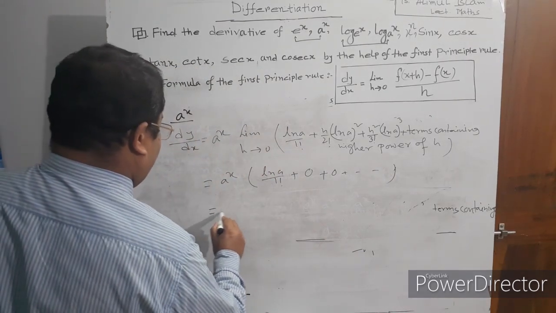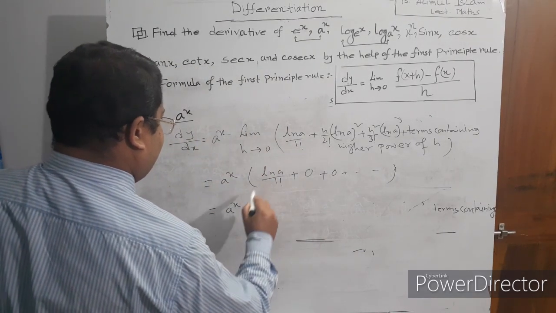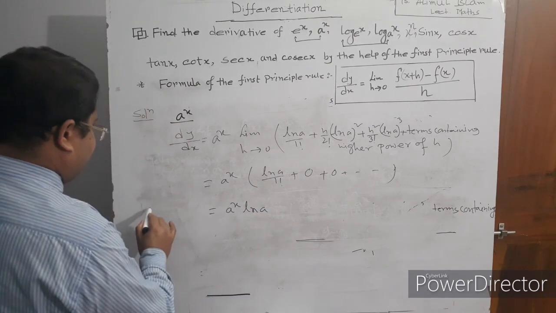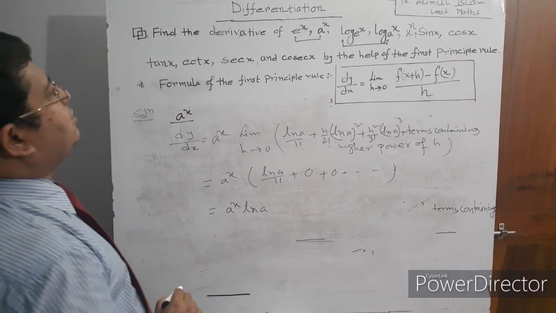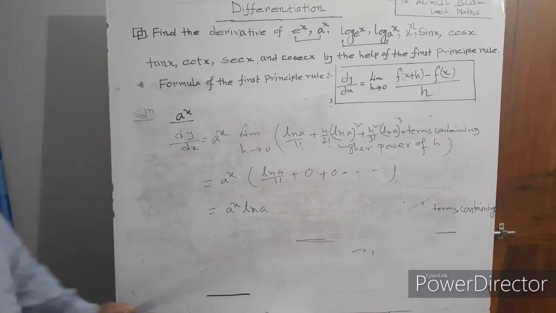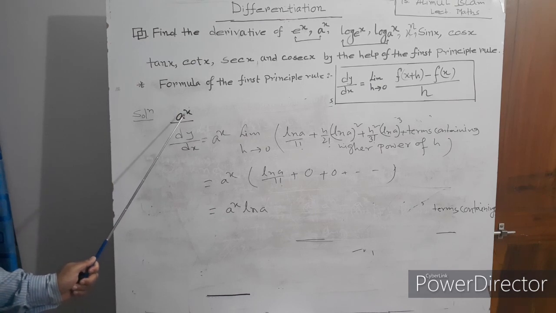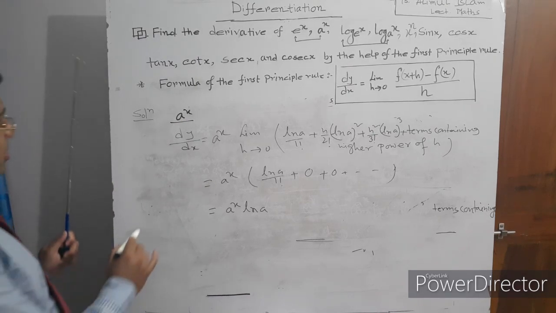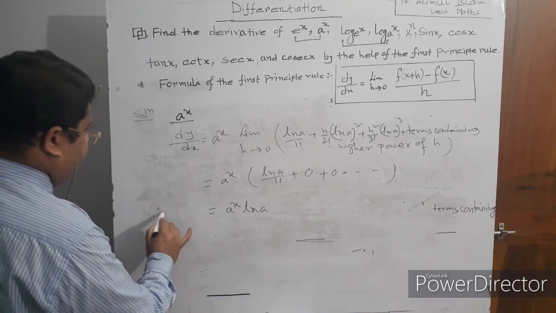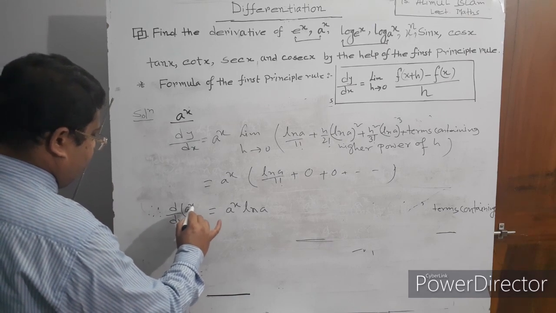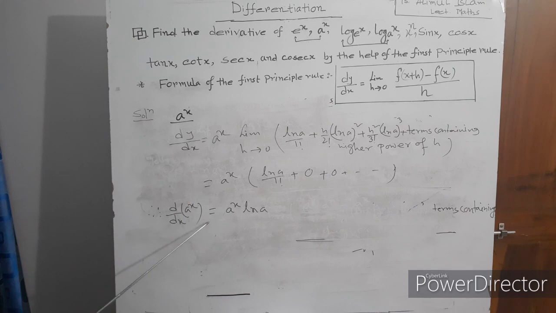Then you write a to the power x ln a. dy/dx, your function y is a function of x. You consider a to the power x. Then the derivative of a to the power x is equal to a to the power x ln a.